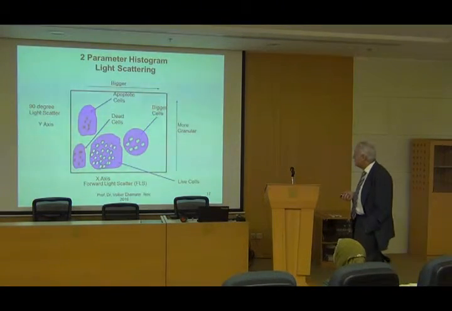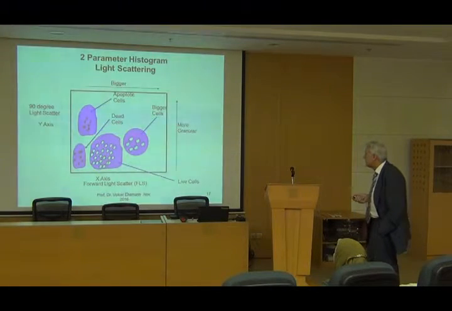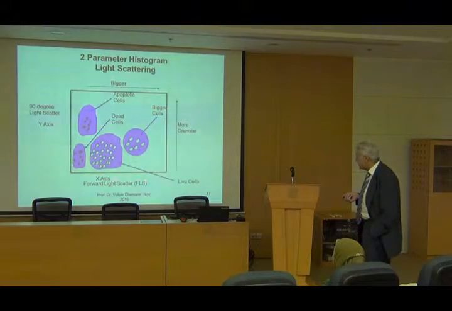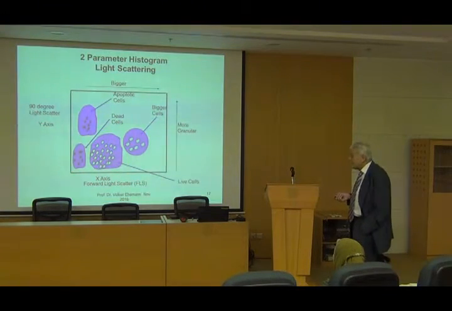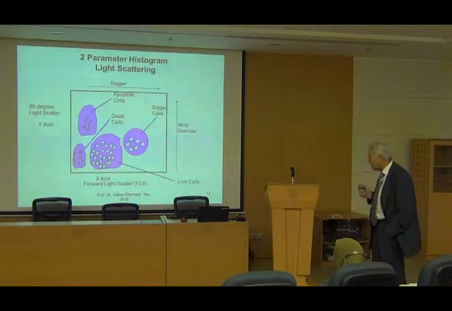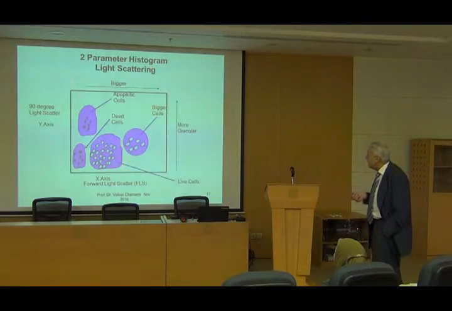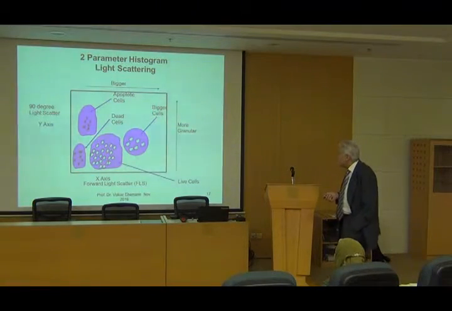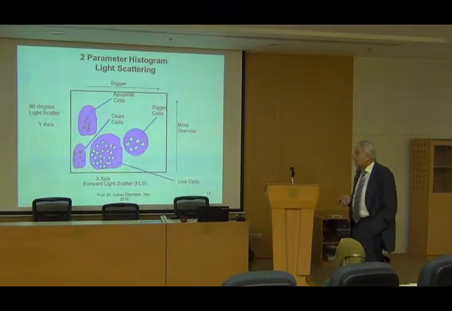For example, in a two-parameter histogram, you see on the x-axis the forward light scatter, which marks the size of a cell, and the y-axis is the side scatter, which marks the granularity.